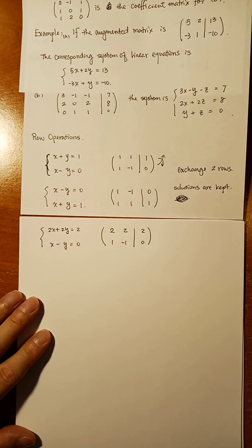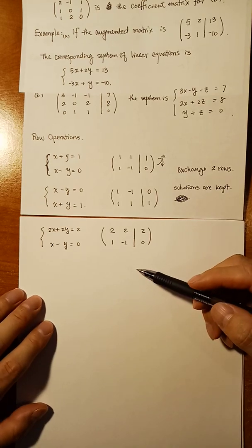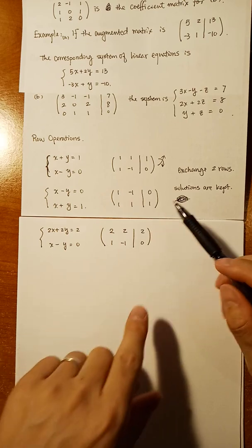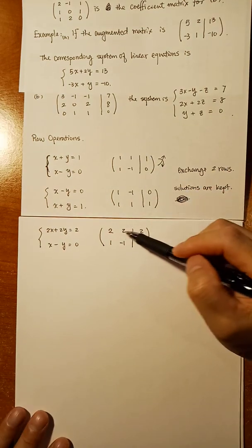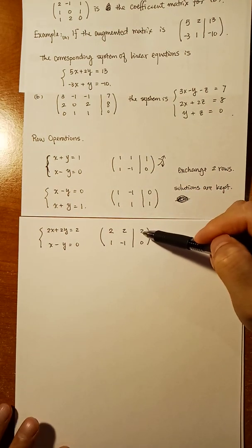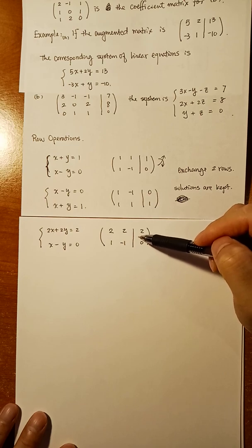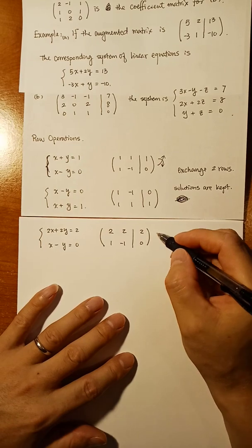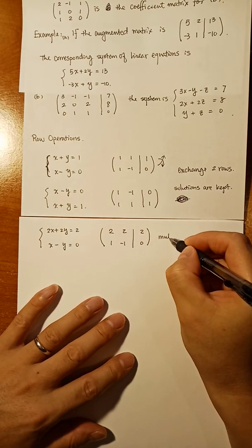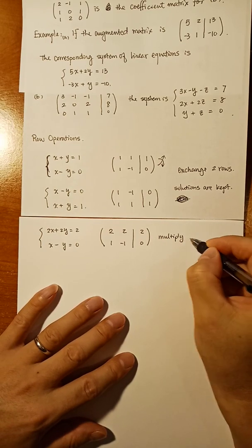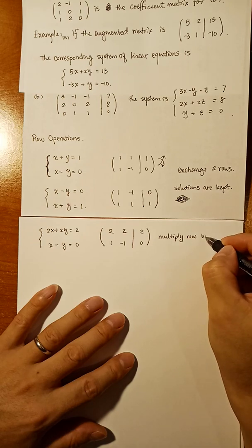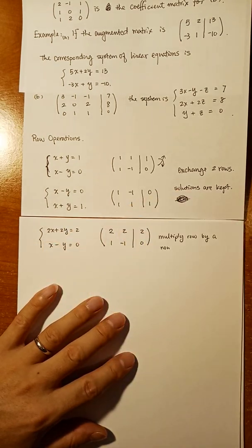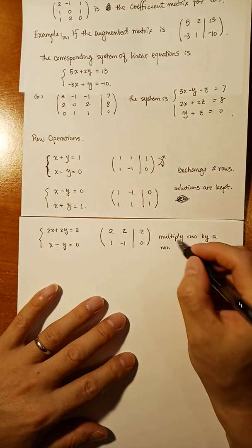Okay, so from here to here, what do we do? We just multiply a row by a constant non-zero number. It has to be non-zero. If you multiply by 0, they're both 0, so it's not interesting.